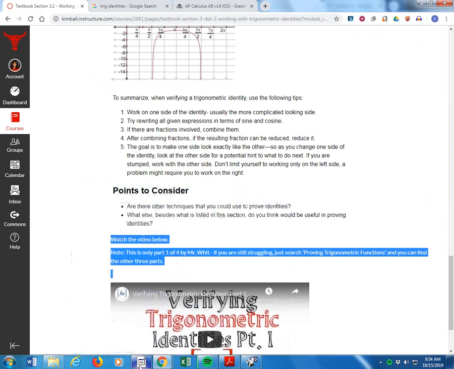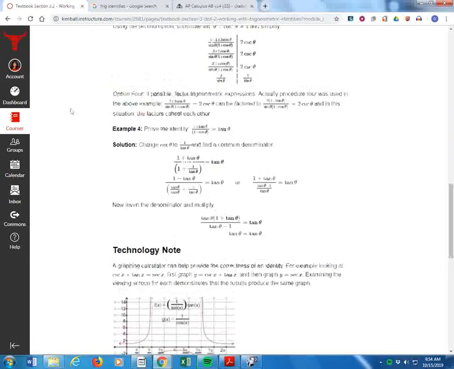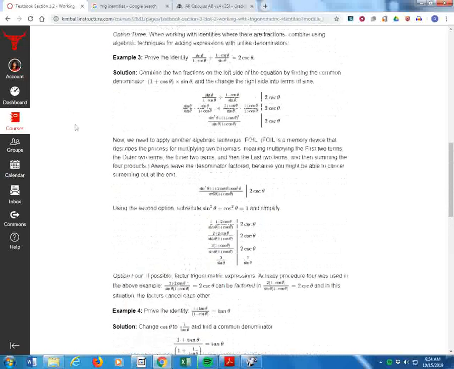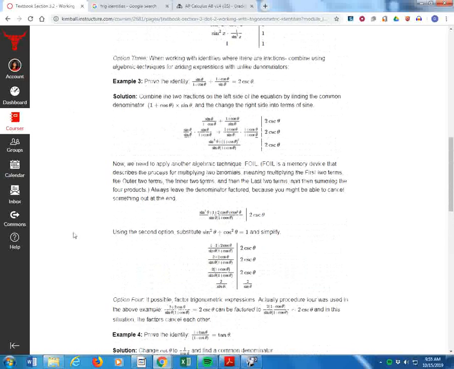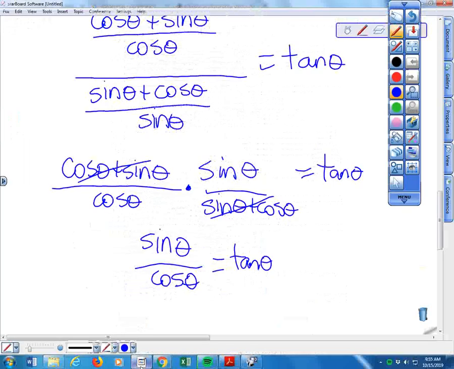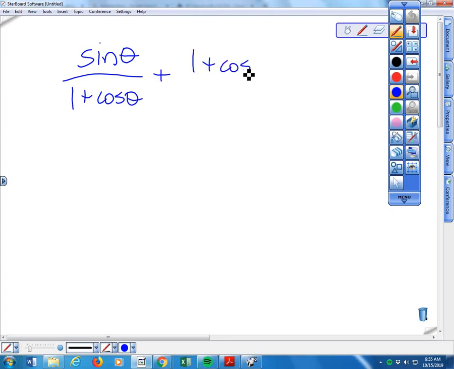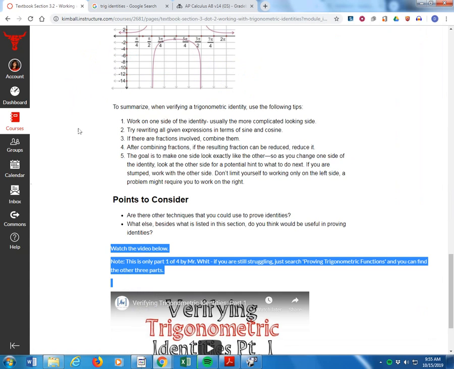Let's see if I can find another example. Let's do one in the book. Sine theta over 1 plus cosine theta, plus, I think it was 1 plus cosine theta over sine theta, but I don't remember exactly.